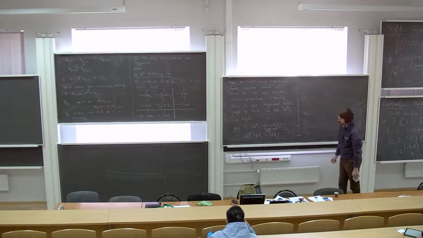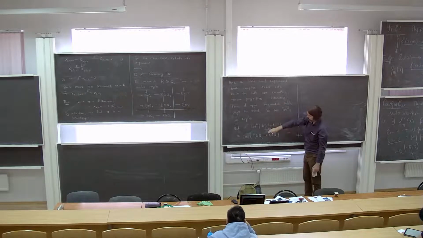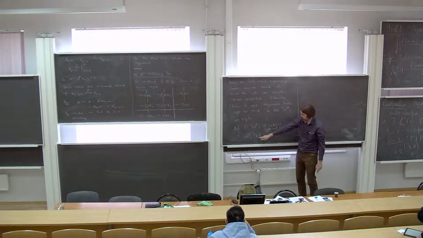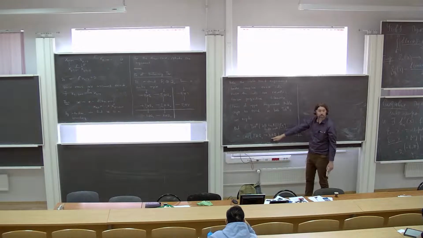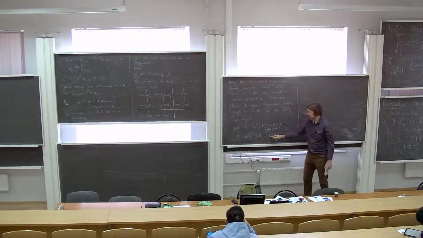Okay. And so since this is acyclic, the cone is acyclic, but the cone is acyclic precisely when this is a quasi-isomorphism, because I get a long exact sequence in homology of this, this, and the cone.